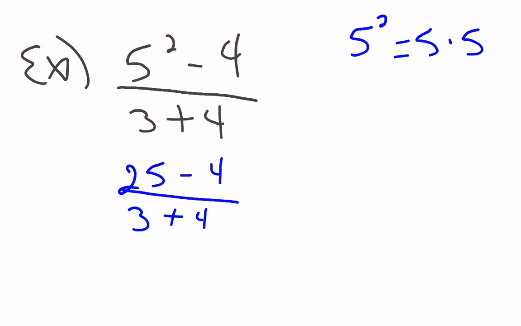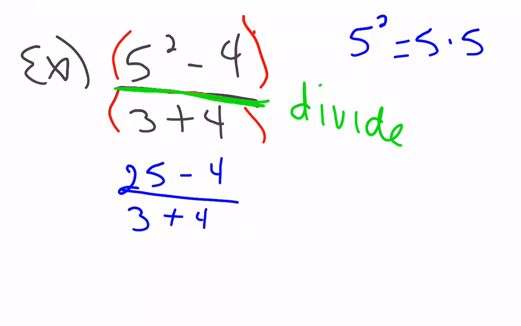Now, I said we didn't have any parentheses, but we have this lovely division bar here, and it acts as parentheses. So we do have to simplify everything on top and everything on bottom first before we can deal with that. So a couple things. We know that this division bar right here, even though it looks like a fraction, means divide.